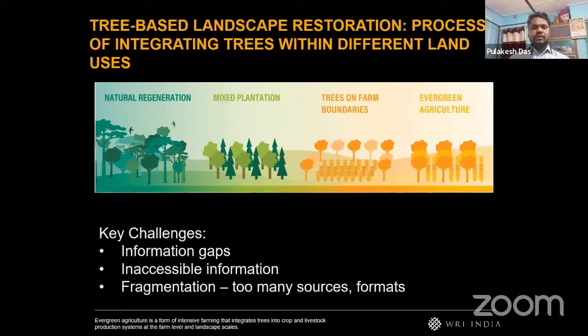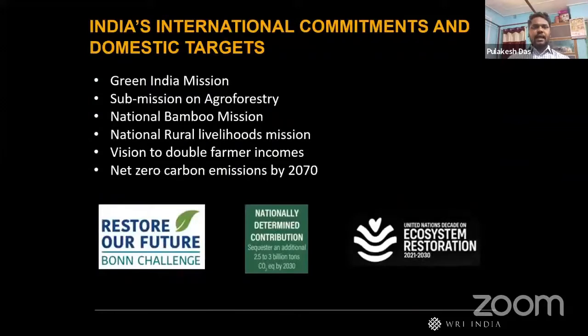So how do we use the different data to develop a landscape restoration potential map that allows the interventions? So this is very important, to collate the different data from multiple sources and combine a robust map. And these are all linked with India's international commitment as well as the national targets.